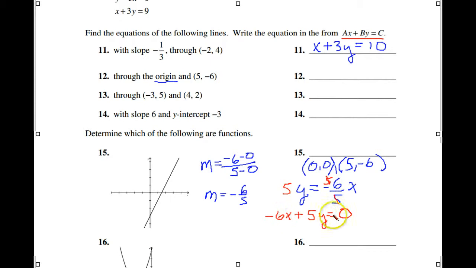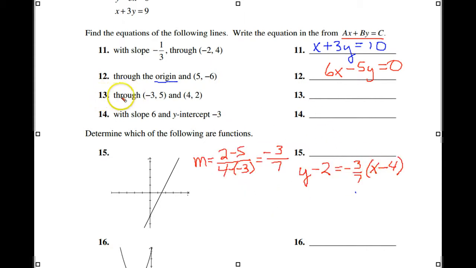Now, I would accept that answer. If they wanted your a term, which is this here, negative 6, to be positive, you just multiply each term by a negative 1, which changes their sign. So for this one, it would be positive 6x minus 5y equals 0. Okay, there's another one.